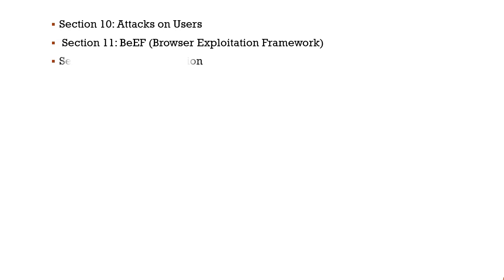Both. And in section 11, we will go with BeEF, the Browser Exploitation Framework. Here we will exploit the power of BeEF to hook targets, retrieve passwords, and execute backdoor deliveries, further expanding your penetration testing capabilities. And we will move to post exploitation.